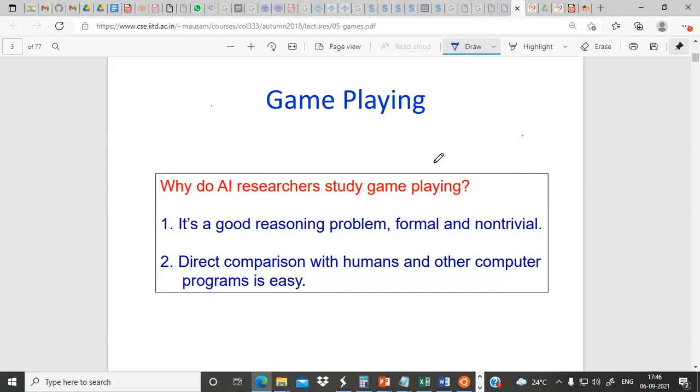Also, whatever results we get from writing an algorithm for playing some games can be easily compared with humans and other computer programs. Say somebody has already written a program for chess; let us call it algorithm one. Now you are writing a new algorithm for chess; let us call it algorithm two.